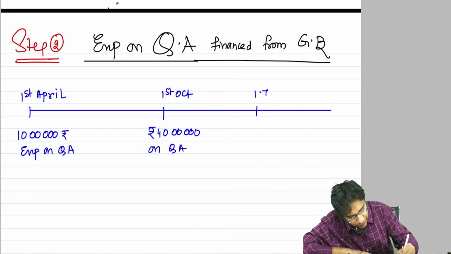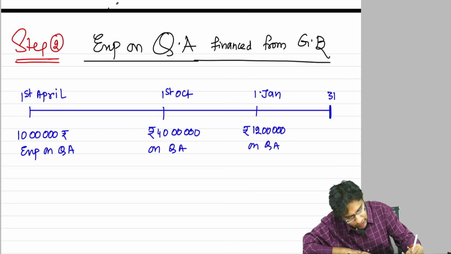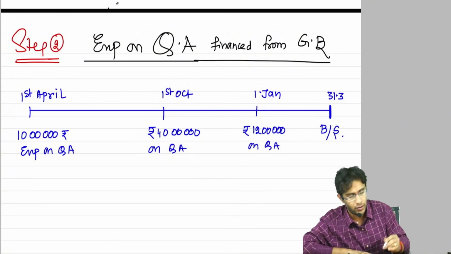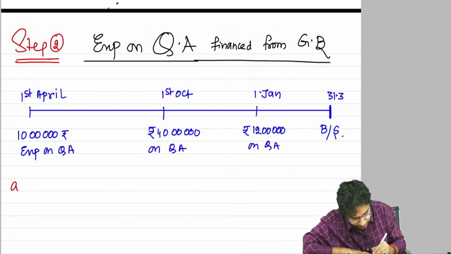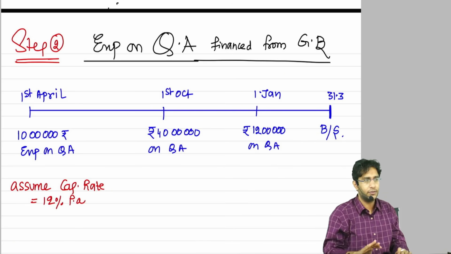Then you spent on 1st of January another 12 lakhs on qualifying asset. By 31st March, balance sheet date has come. Assume that your capitalization rate is equal to 12%. Step number 1 answer, 12%.